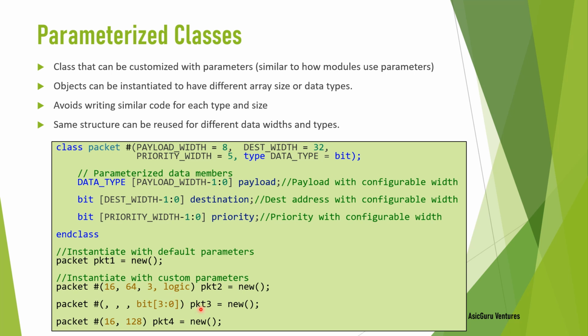Packet 3 is overriding only the data type as a 4-bit bit vector, and for the others it is using the default values. Packet 4 is setting payload and destination width to 16 and 128, and it leaves the others as default. So the main advantage of parameterized classes is that you can avoid code duplication, since the same class can be used across multiple configurations.